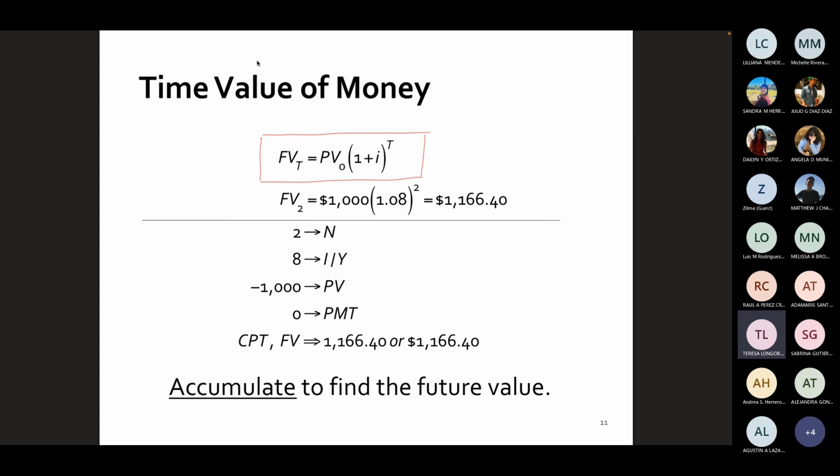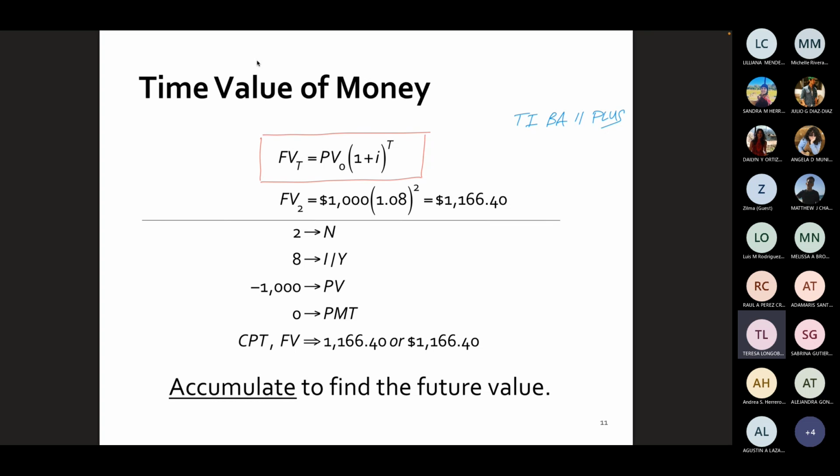So if you have the Texas Instruments BA II Plus, I'm going to show you what you do, because I have it on my iPad.